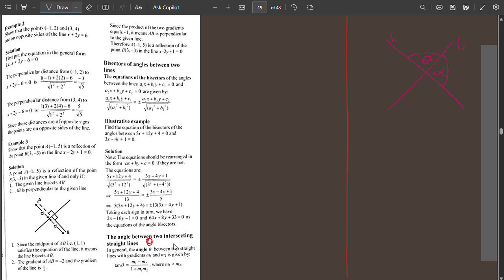In general, the angle theta between two lines with gradients m1 and m2 is given by tan theta is equal to m1 minus m2 all over 1 plus m1 m2, where m1 is greater than m2.